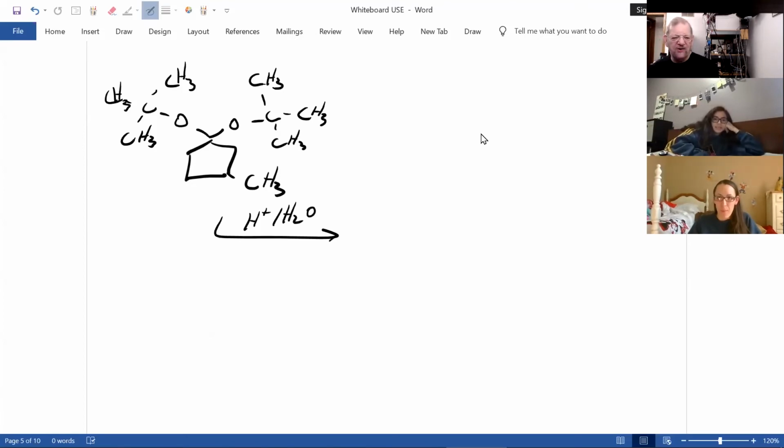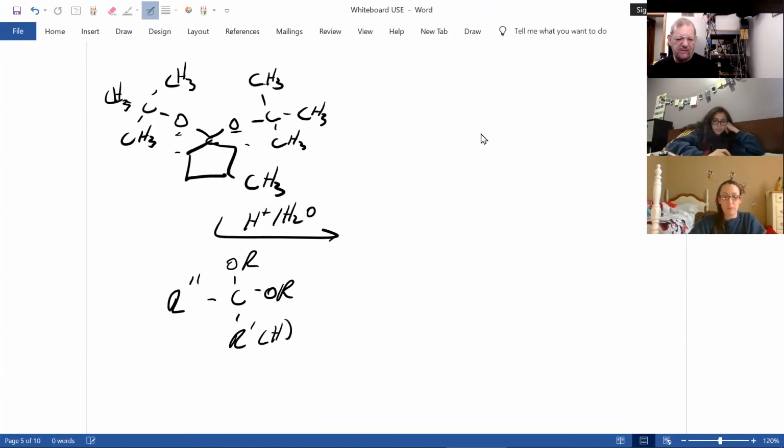So we look at here and what's different. 2 oxygens single bonded to the same carbon. And what is that? Notice I have carbons here and here, and this is a ketal. Add acid and water, water and acid, and keep your eye on the carbon with the 2 oxygens.